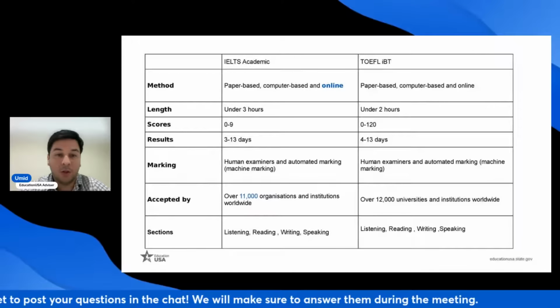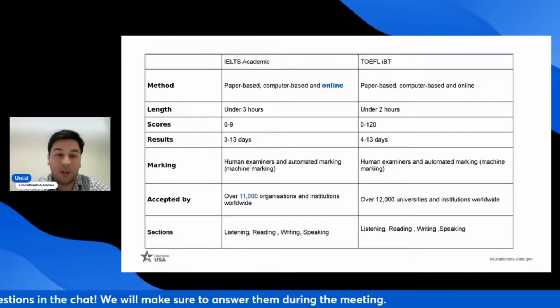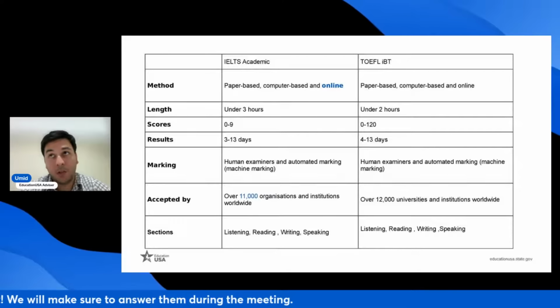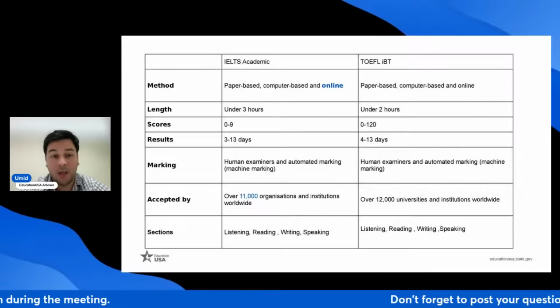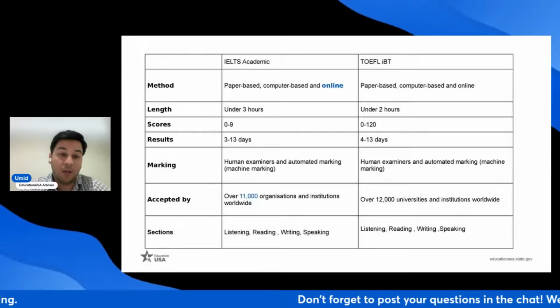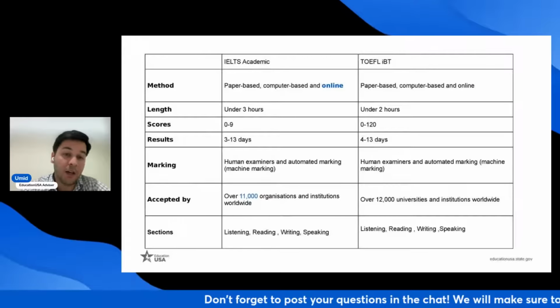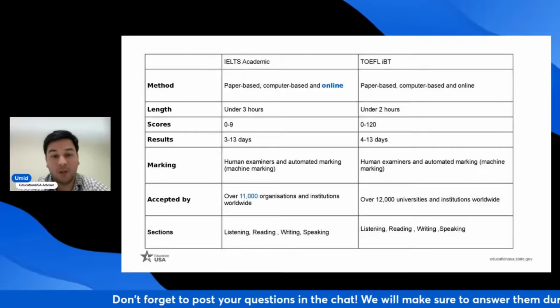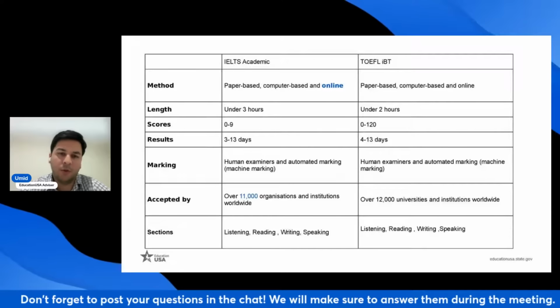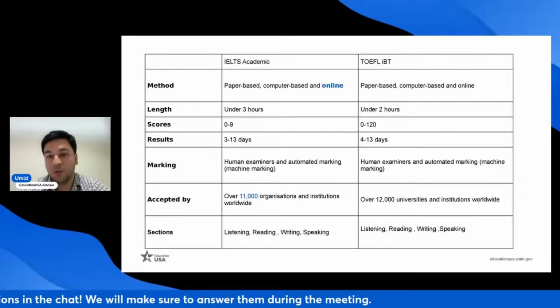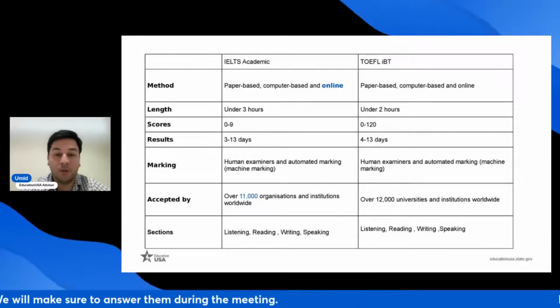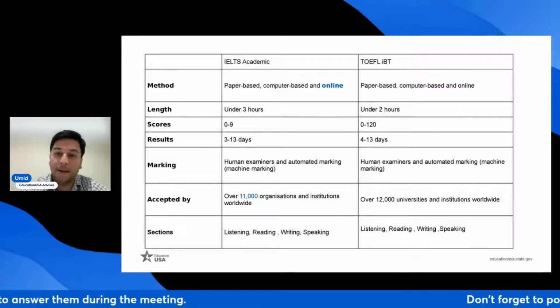For marking, you have human examiners and automated marking. IELTS is accepted by over 11,000 institutions worldwide, and TOEFL has more, like 12,000 university institutions worldwide.